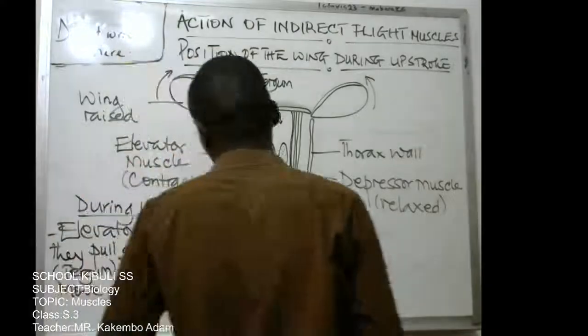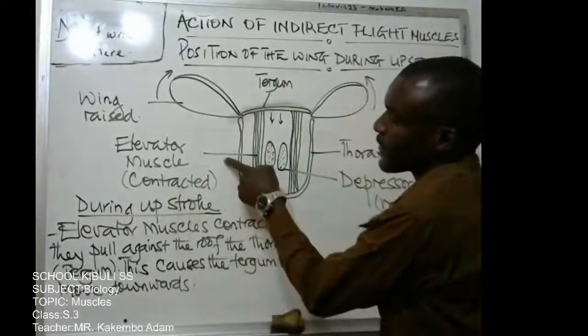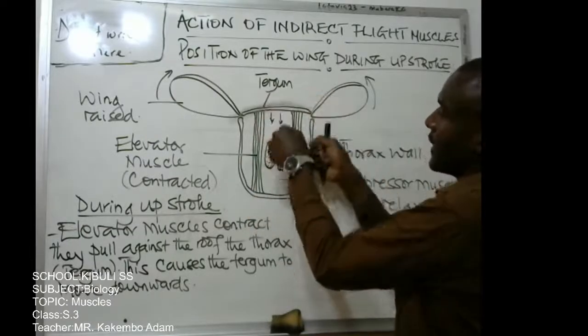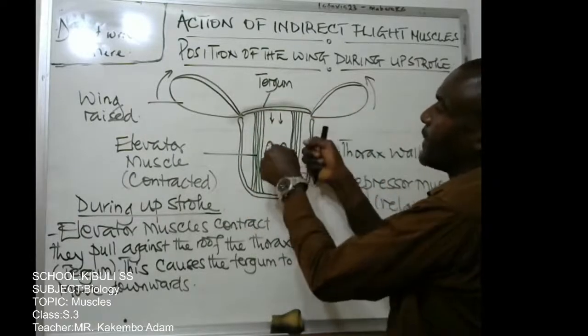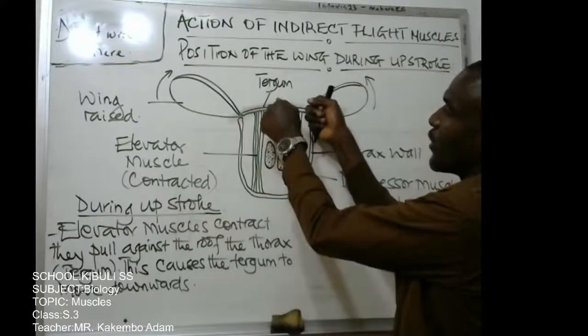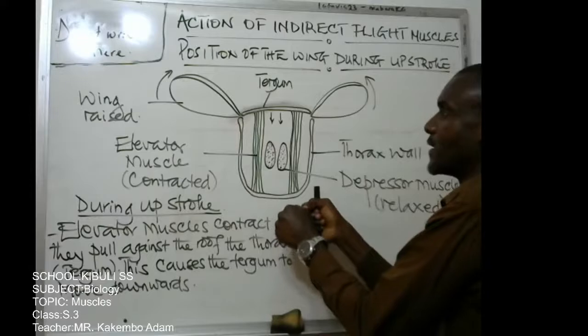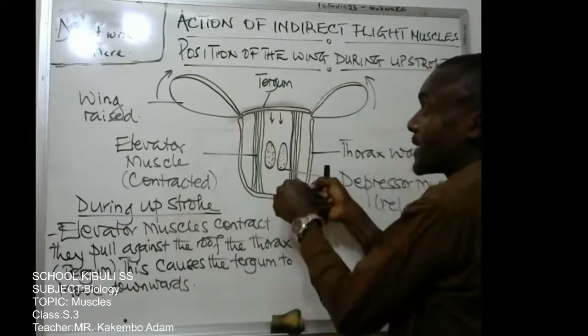During upstroke, when the elevator muscles contract, they pull against the tergum, pushing it downwards.